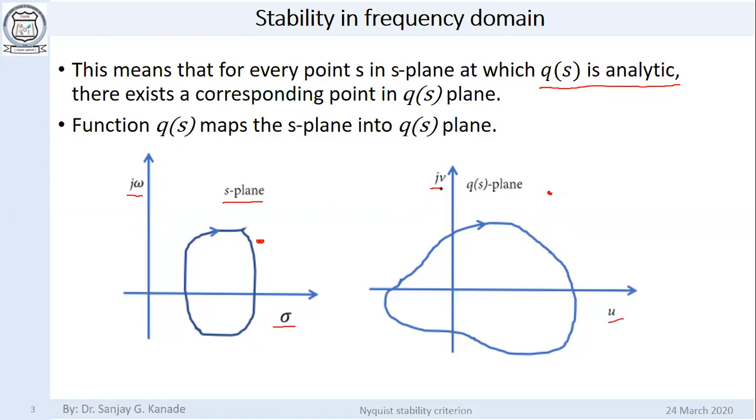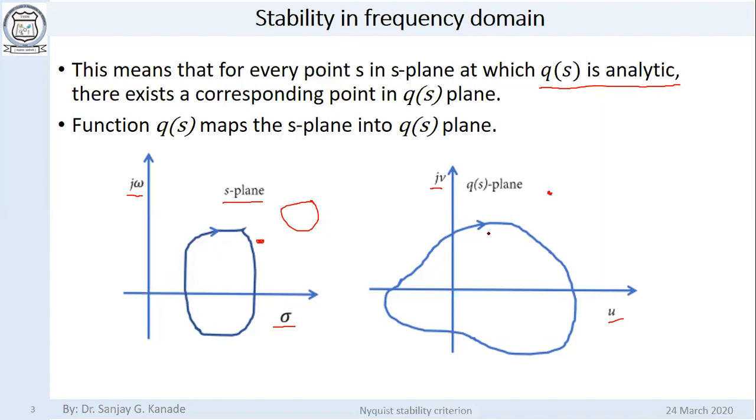If we traverse a closed contour, this is a contour, right? A closed contour, and the angle traversed by this contour is 2 pi, since it is taking a full 360-degree turn. So Q(s) also will have a full turn, a full 2 pi.